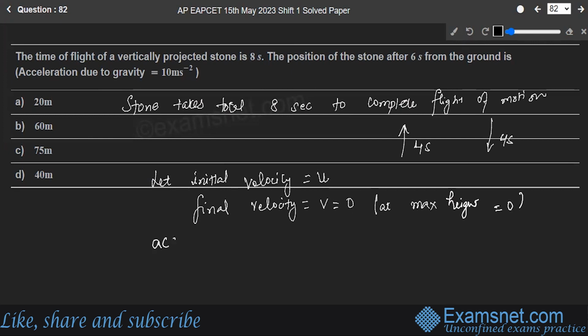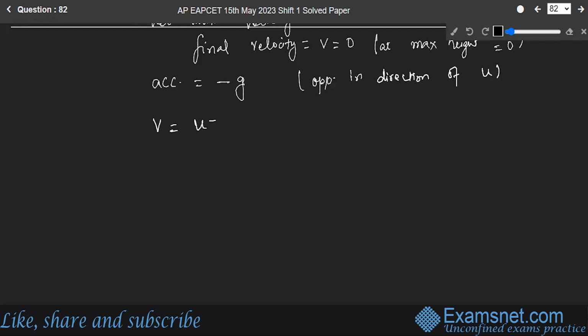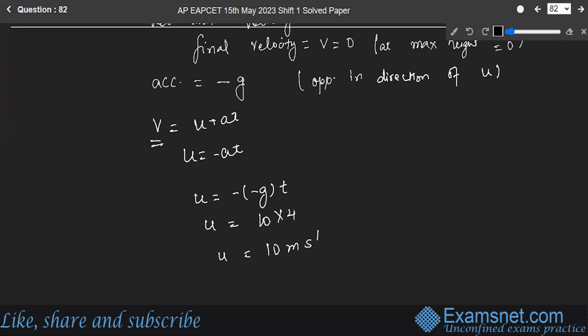The acceleration is given by minus g, because it is opposite in direction to u. You know the formula, v is equal to u plus at. So u is equal to minus at, which is equal to minus of minus g into t. g you have been told to take as 10 and time is 4, so the initial velocity is equal to 40 meters per second.